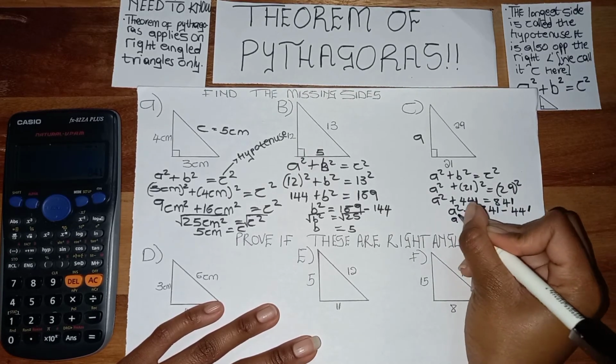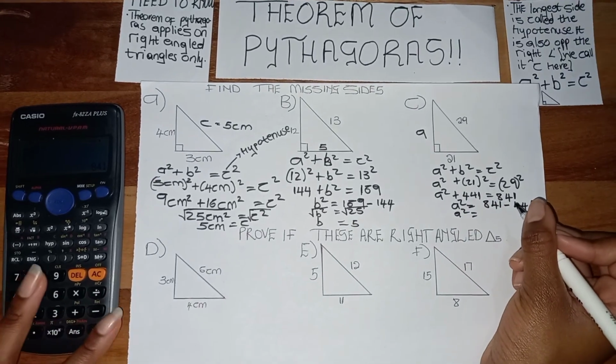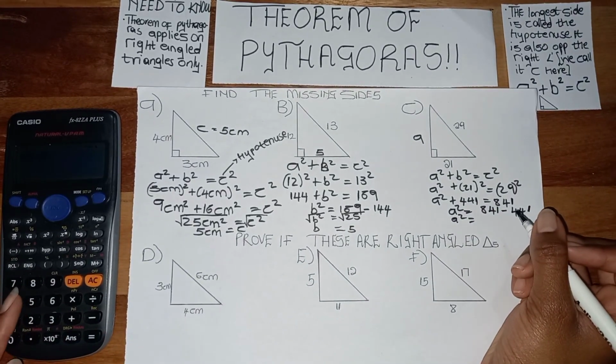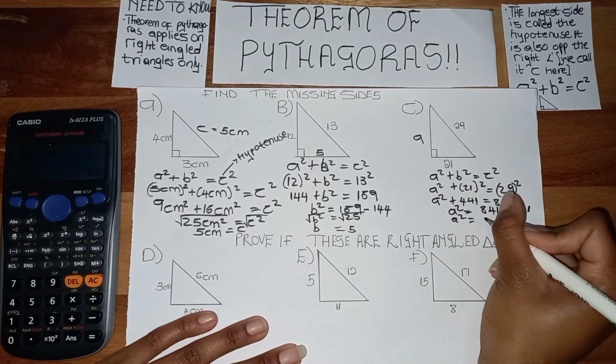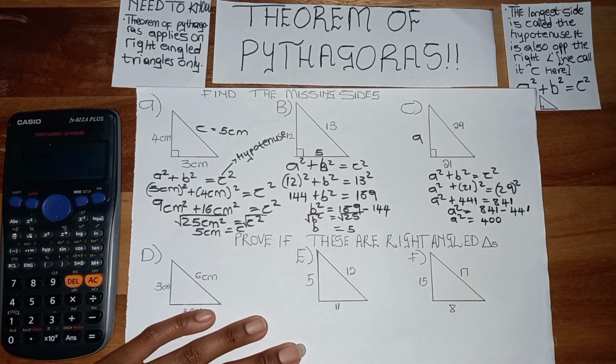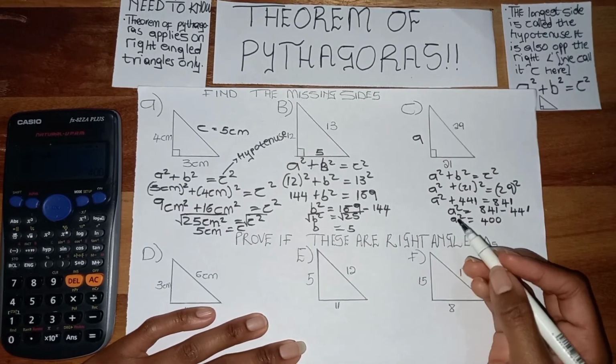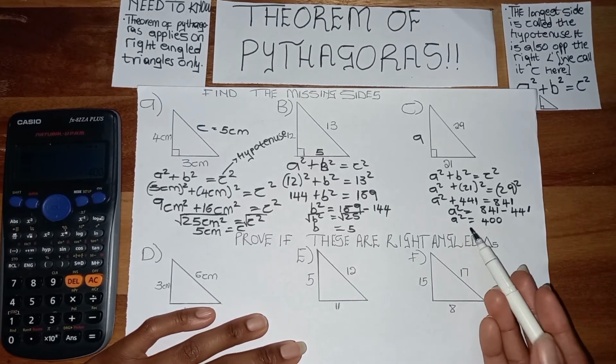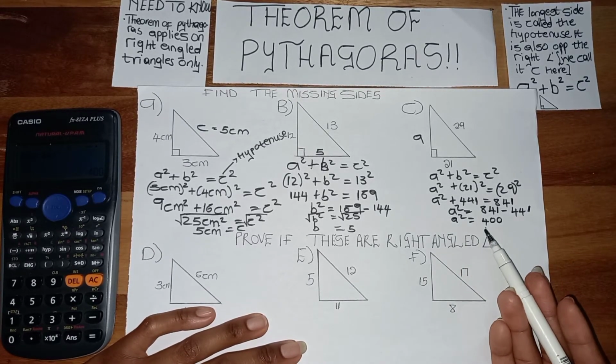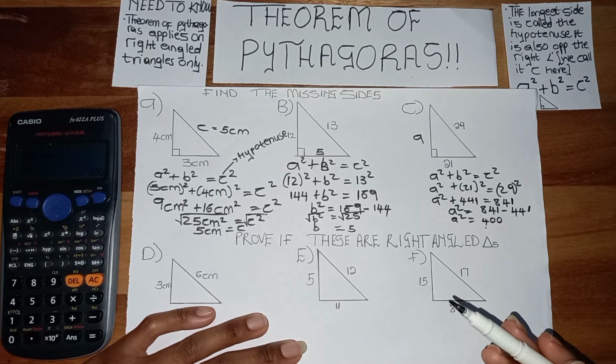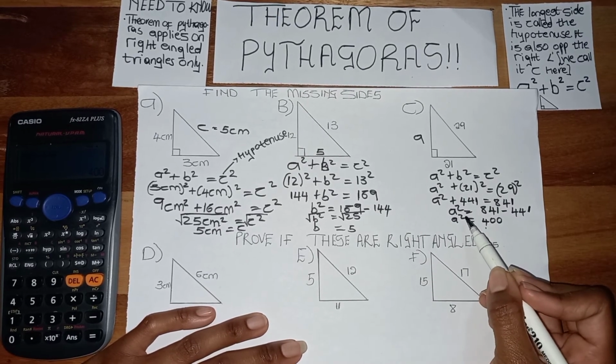So your a squared equals 841 minus 441, which is 400. So you're going to say, I'm not looking for a squared. I can see that the value of a squared is 400, but I am looking for a only. So if I have to look for a only, it means that I have to remove this squared.